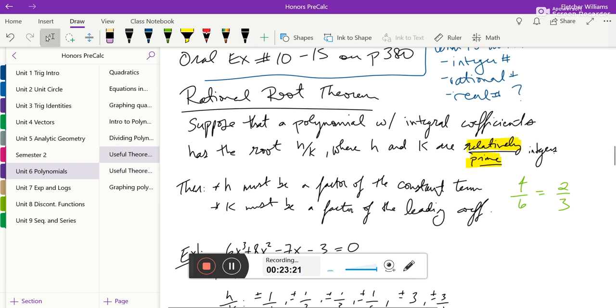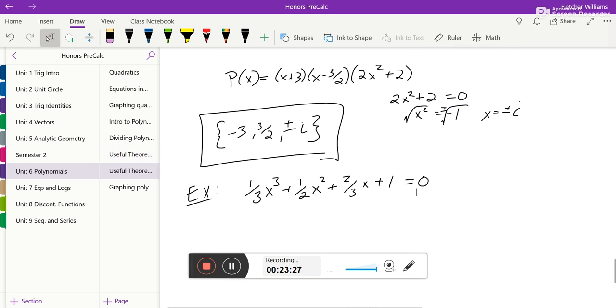Remember how it's stated, the polynomial with integral coefficients, or in other words, integer coefficients. This polynomial has fractional coefficients. These are not all integers. So you want to modify the problem so it is all integers. So you would then need to multiply this side by something to get rid of the 3's and 2's on the bottom.